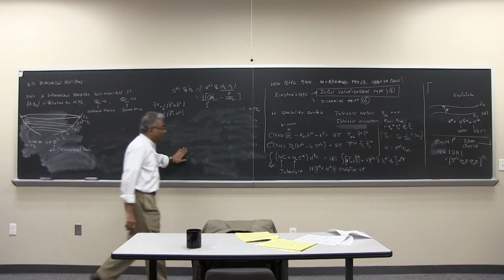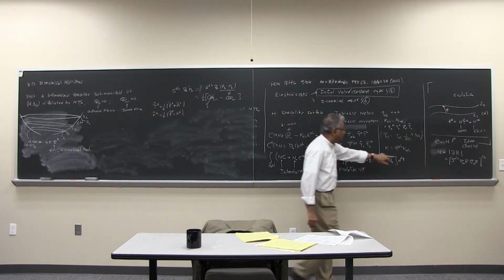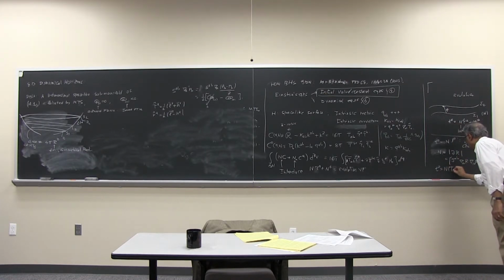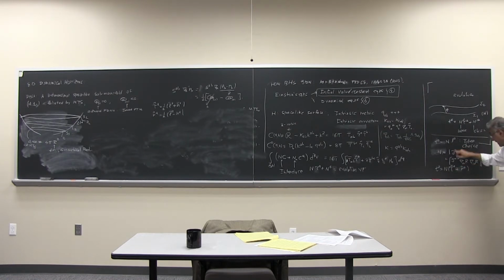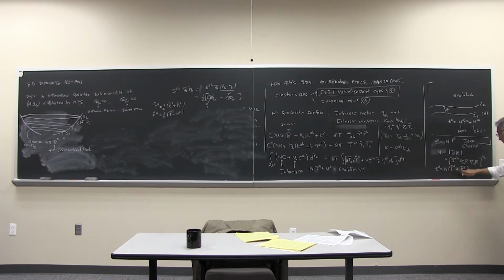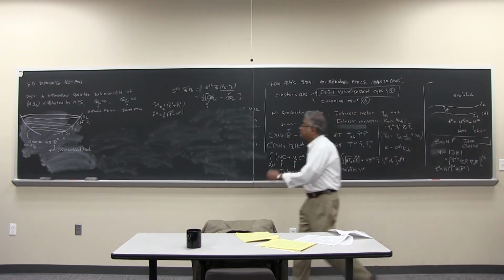So what are we going to do now? We are going to take N and N^A coming from this L^A. So T^A is now going to be equal to N times L^A, and L^A is given by tau hat^A plus r hat^A. So N times tau hat^A is really the lapse, and N times r hat^A is going to be my shift, with the same N function, and r hat^A is the unit radial vector.